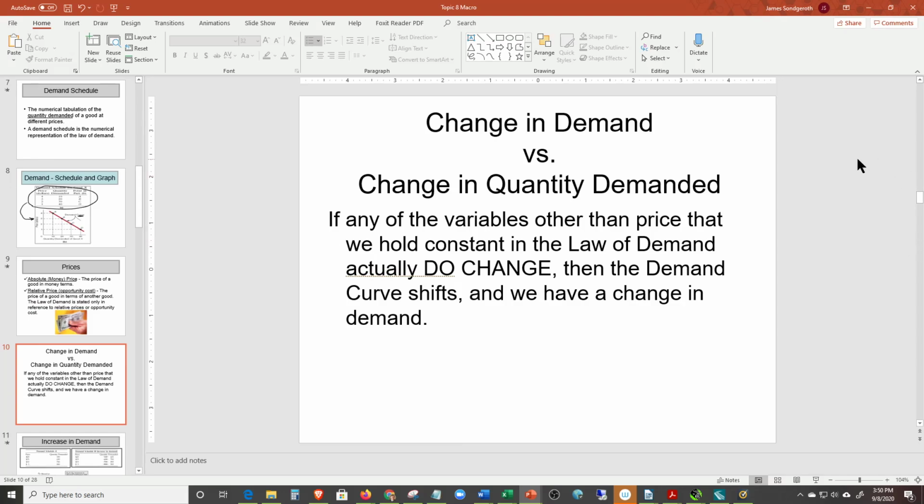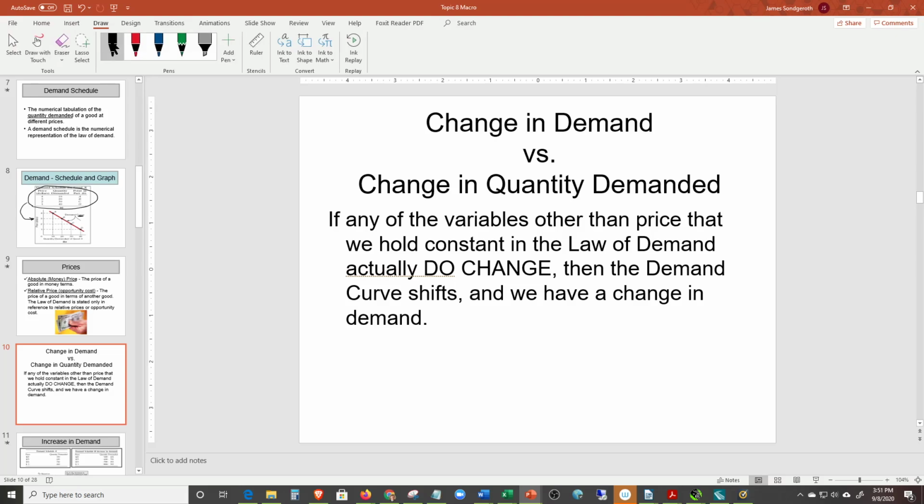Here's another one of these pieces of jargon that economists use: change in demand and change in quantity demanded. So if any of the variables other than price change, then we say that the demand curve shifts to a new position and we have a change in demand.